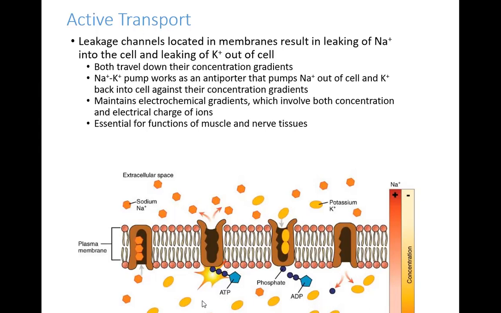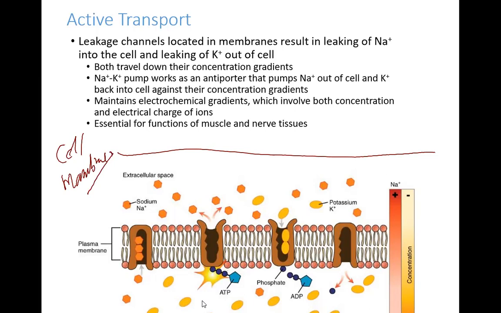Our cell membranes on most of our cells, and this is a cell membrane right here. It's a highly detailed drawing of a cell membrane. Most of our cells have lots of sodium ions floating around here outside the cell in the interstitial fluid.